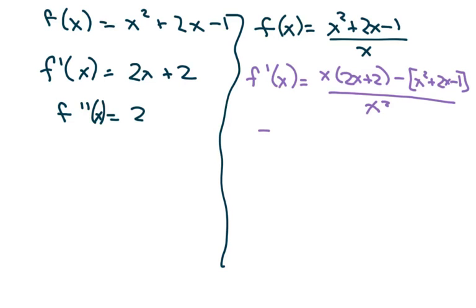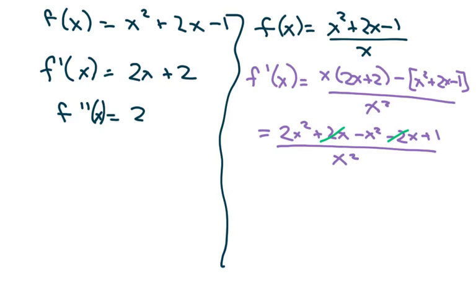So when I clean this up, I'm going to get 2x squared plus 2x minus x squared minus 2x plus 1 over x squared. And simplifying this, these two cancel. So we're just going to get x squared plus 1 over x squared.